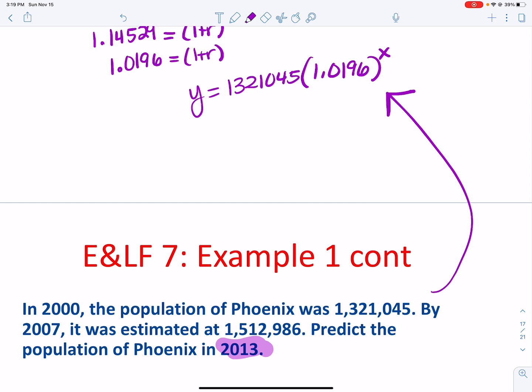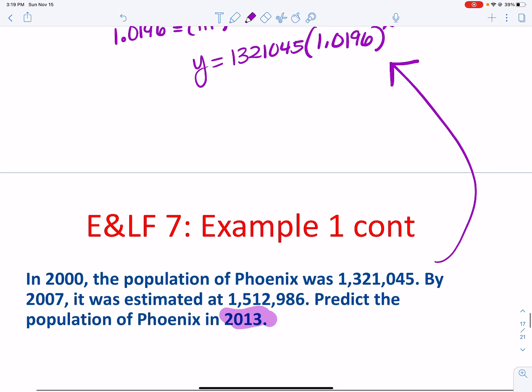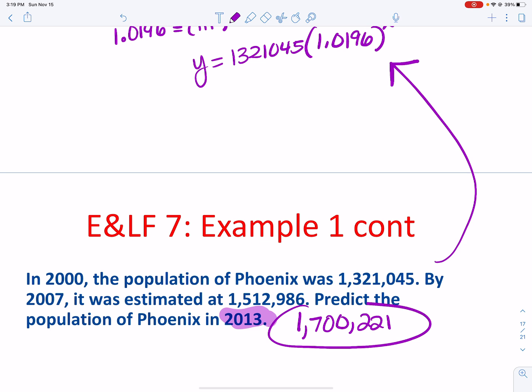And then you're going to times that answer 1,321,045. I'm using my phone, so I have to do it in steps. If you are at your house, you probably could just type it all in, I'm guessing. So you'd have 1,700,221. Because we're talking about people, it was actually 220.9. So it's just a prediction. I'm just going to round that up.